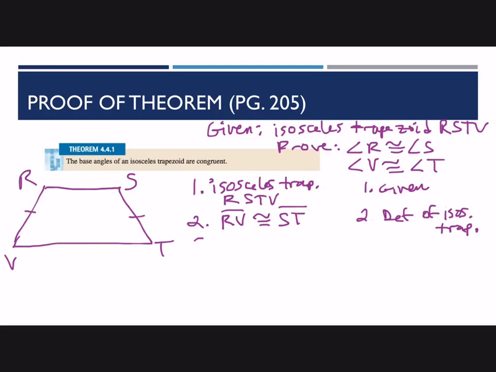All right. Now we need auxiliary lines in here to help us out. So we're going to construct the altitudes. Okay, so I'm going to construct the altitude RY and the altitude SZ.